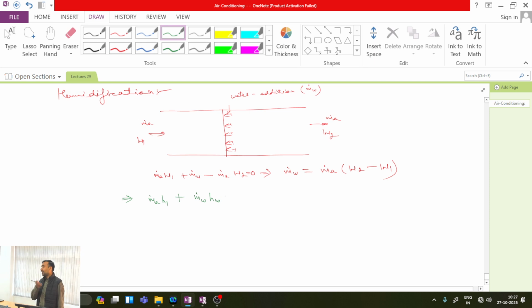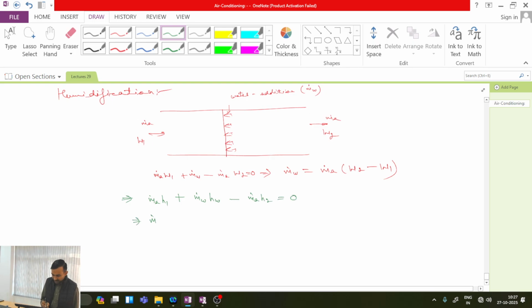Now if it is coming as a vapor, the enthalpy will be different. If it is coming as a liquid, the enthalpy will be different. So let's simply assume it is some enthalpy HW. Specific cases we will discuss further. Minus m dot A into H2 equal to 0.